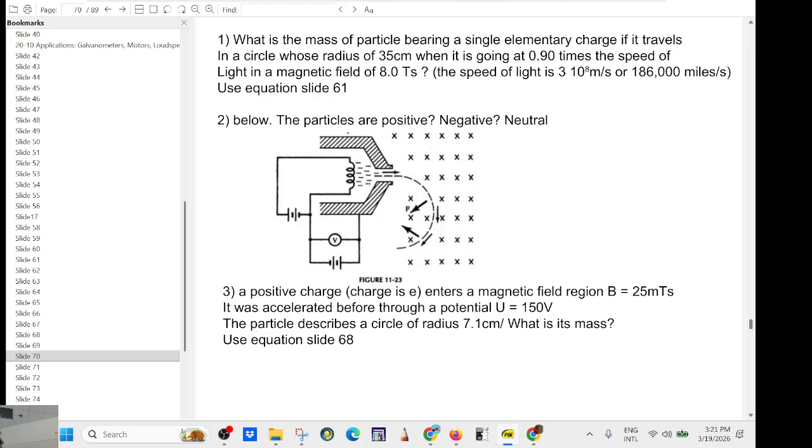Thank you. Well, I found 17. Check, maybe I'm wrong. Did you check? What did you get? Okay, so 1.7 times 10 to the negative 27 kilograms.